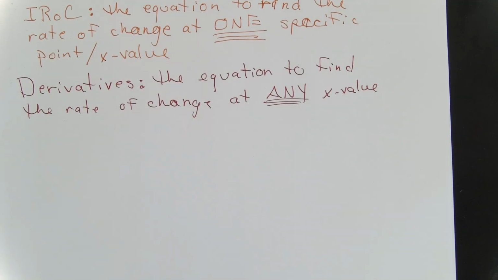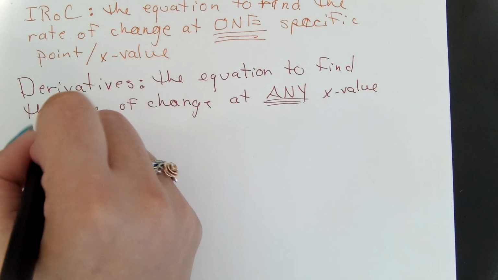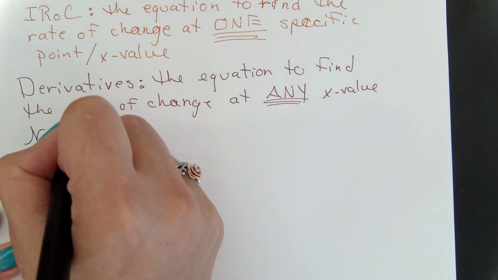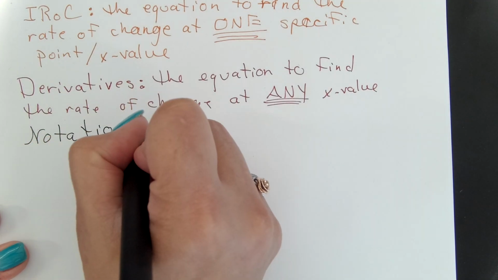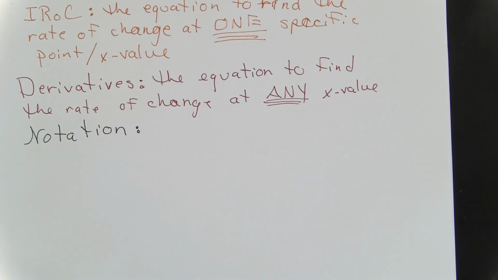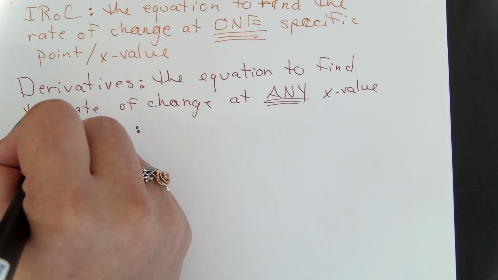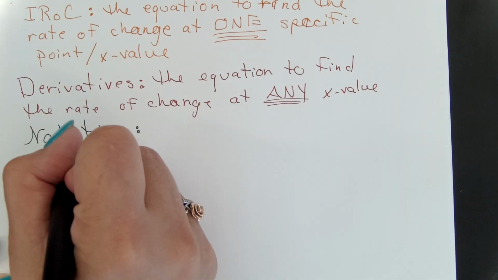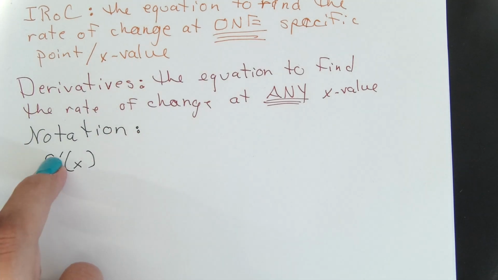So in math, we have notations for a lot of things. Derivative has its own specific notation. So the notation for derivatives is as follows. The specific notation for derivatives is going to be your function, whatever it's named, and this little sign.